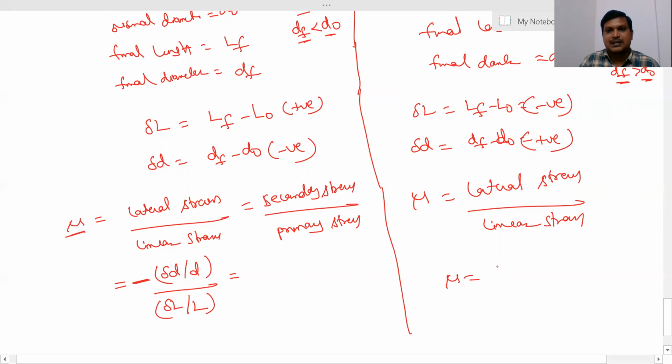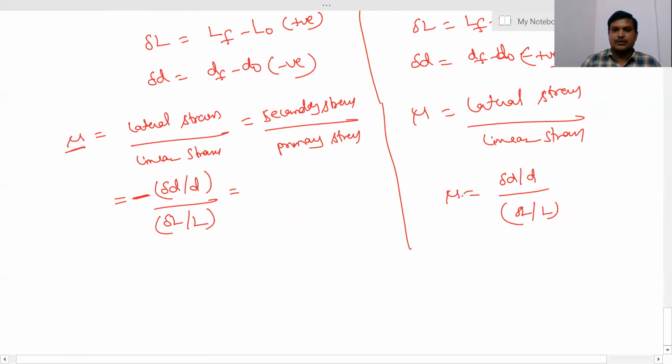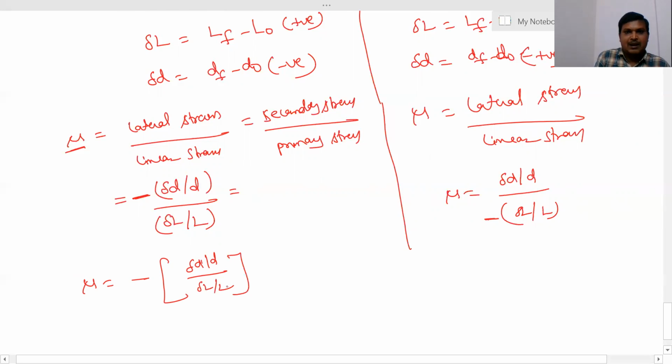Lateral strain is the change in diameter by original diameter. So finally mu is equal to minus of delta D by D divided by delta L by L.